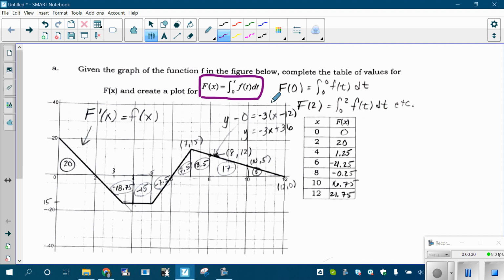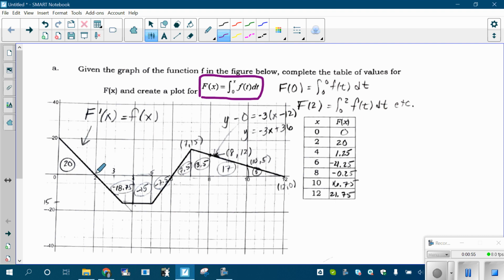Okay, so how do you evaluate f of different x values? By finding the area from 0 to whatever x value you're plugging in under little f. It's the accumulator. It measures the accumulation of the area under little f. So using that logic, the accumulation of the area from 0 to 0 is just 0.